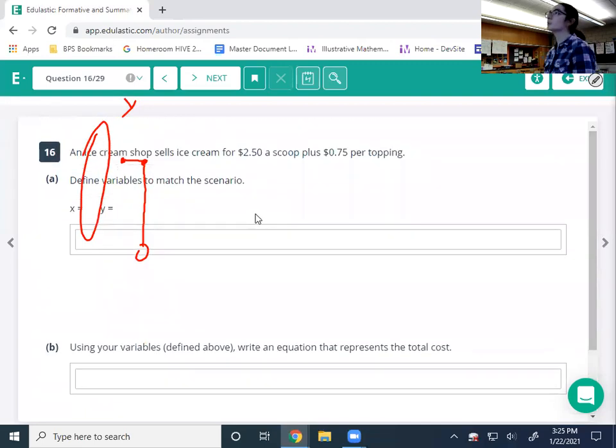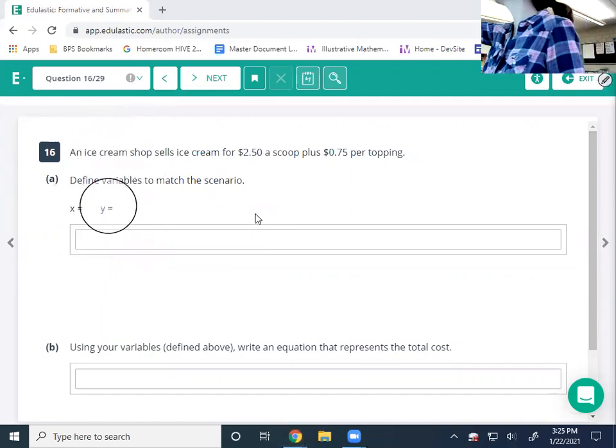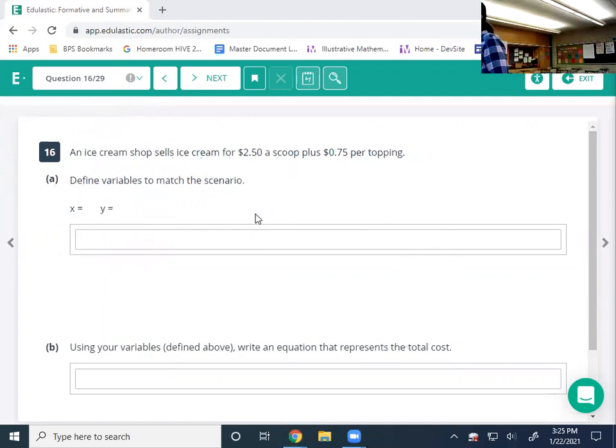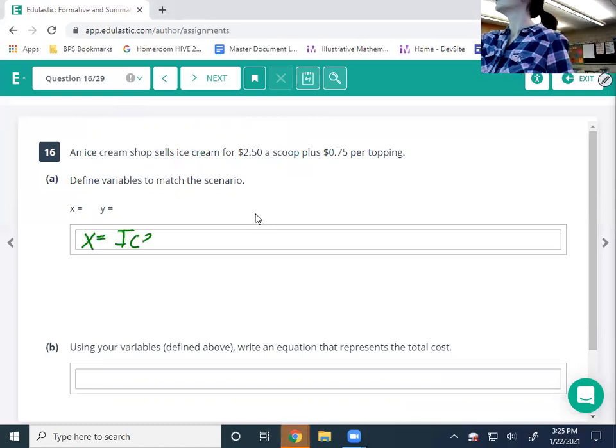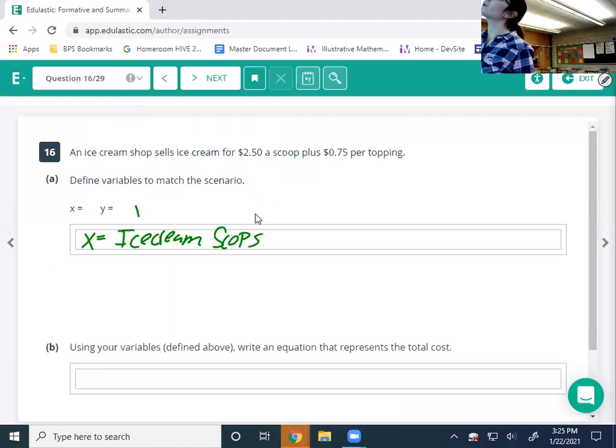So an ice cream shop sells ice cream for $2.50 a scoop plus 75 cents per topping. Let's define some variables that match the scenario. Just do them in the order they show up. X is our ice cream scoops, the number of scoops.